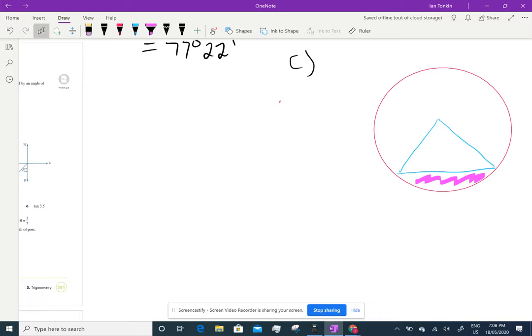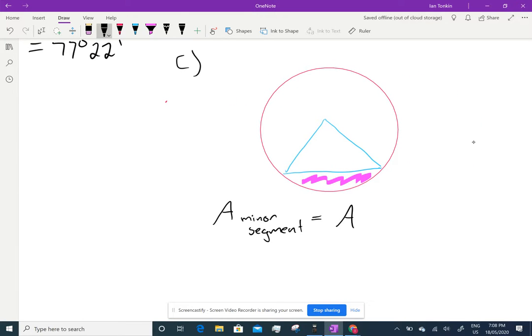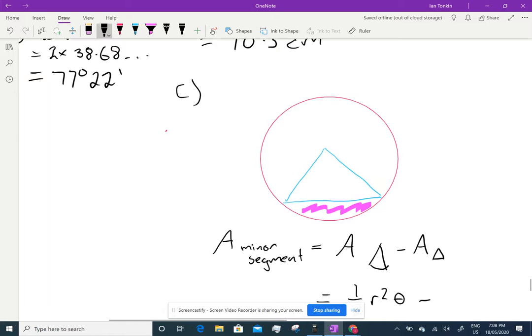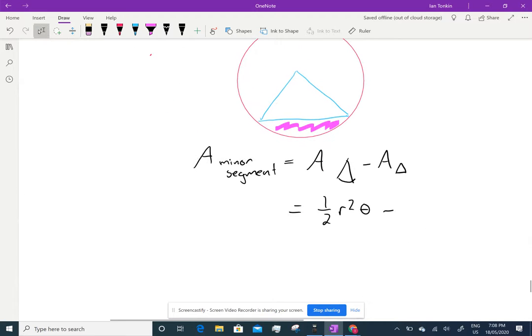Well, the area of that minor segment is going to equal the area of the sector minus the area of that triangle which we just found out. So the area of a sector is a half r squared theta minus, what did we find? 70.3. I'm not going to go back and fix it up. I'm just going to leave it like that.